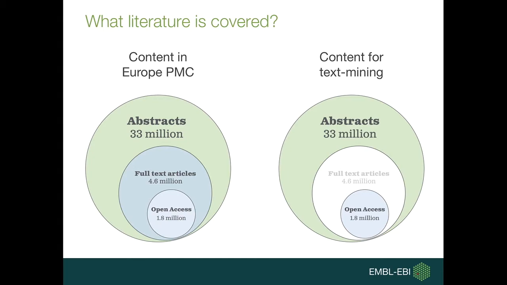Although these full text articles can be freely accessed, their copyright doesn't always permit reuse, including text mining. Therefore, text mining data in Europe PMC is only available for so-called open access articles that are licensed for reuse. As of February 2018, there are 1.8 million such articles in Europe PMC.